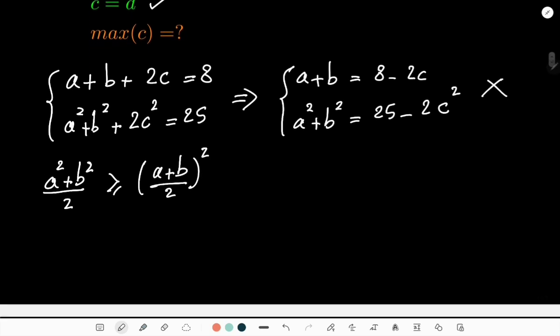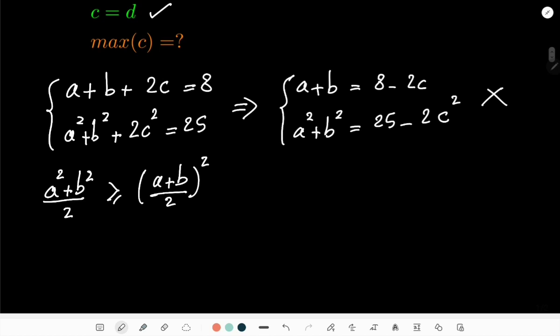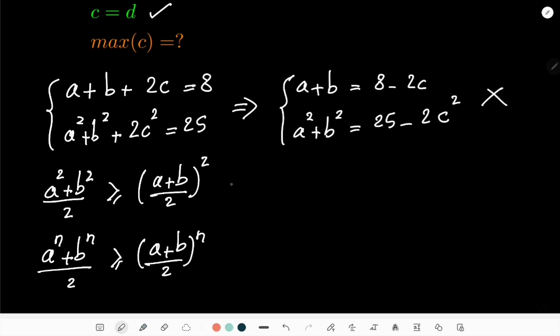As a matter of fact, I can generally claim that a to the power of n plus b to the power of n over 2 is always greater than or equal to a plus b over 2 to the power of n. But because I don't want you to just take this as trivial, today I will prove this simple inequality here. So how can we prove this simple inequality?